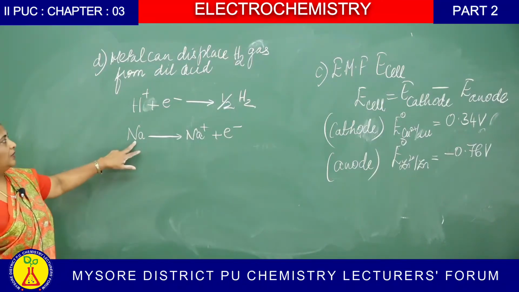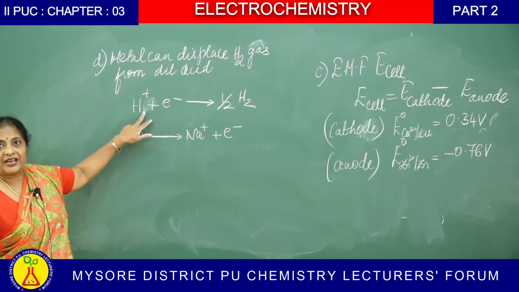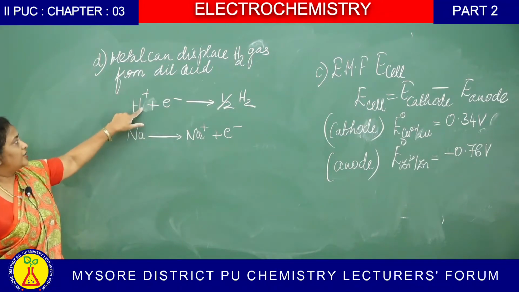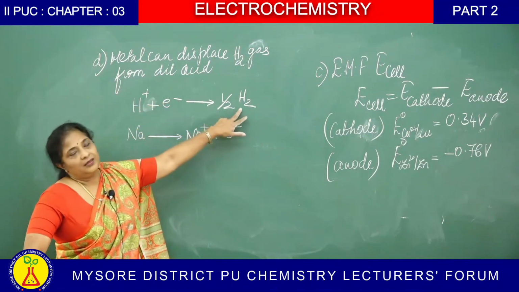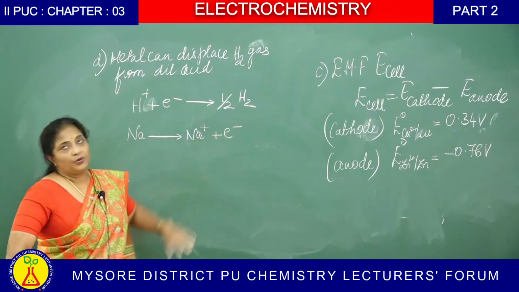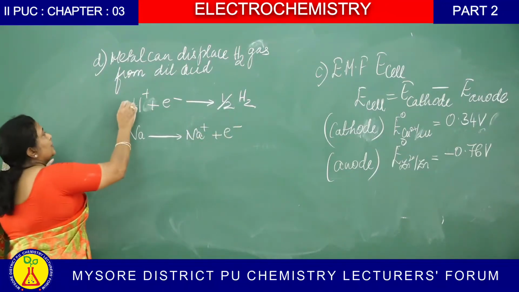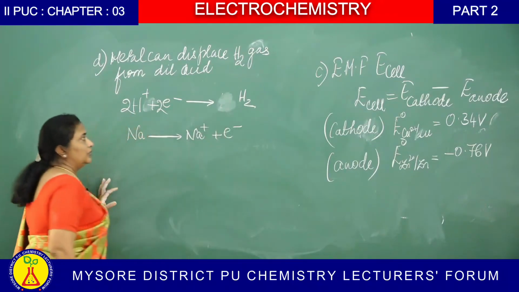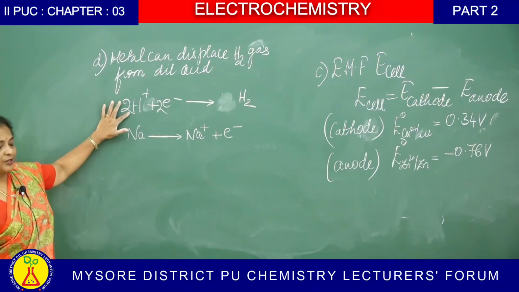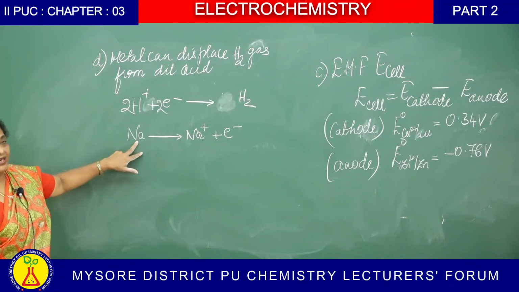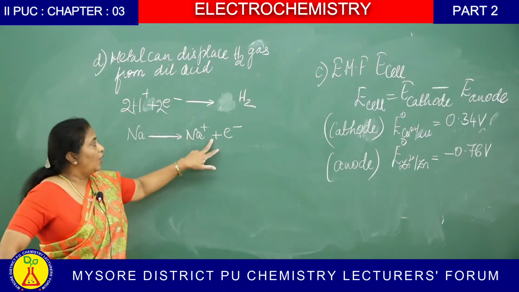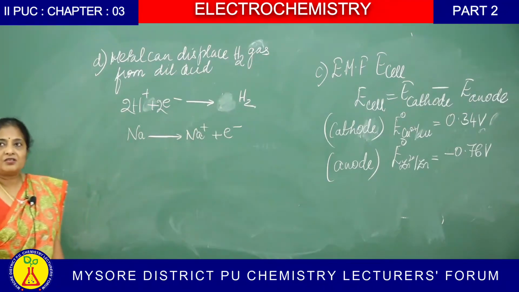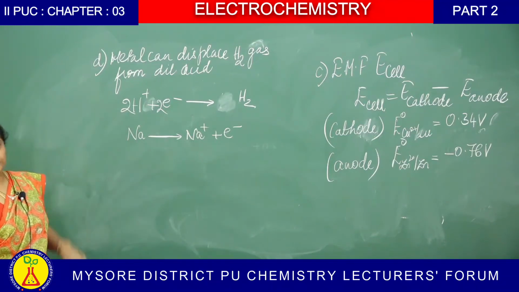If hydrogen gas has to be liberated, hydrogen ions must get reduced, 2H plus plus 2e minus giving H2. And where do we get the electrons from? The sodium metal must be capable of giving the electrons to hydrogen.